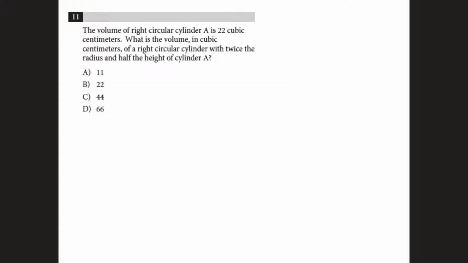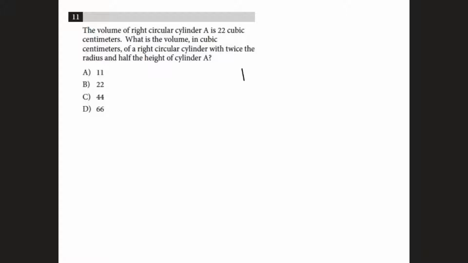Okay. 11. The volume of a right circular cylinder A is 22 cubic centimeters. What is the volume in cubic centimeters of a right circular cylinder with twice the radius and half the height of cylinder A? Okay, so let's just write out the formula for the volume of a right circular cylinder.